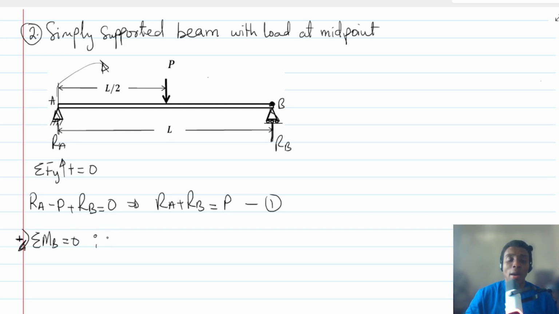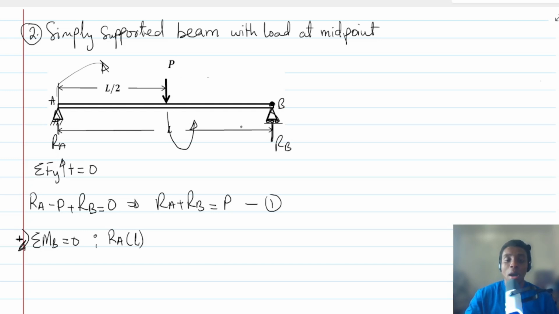Then, okay, so RA, what is the moment? The moment arm or the distance is L, that is to say the distance from A to B. Then we are going to take the moment of P, but I see that P is coming down, so it's going to create a moment in this sense, which is what?